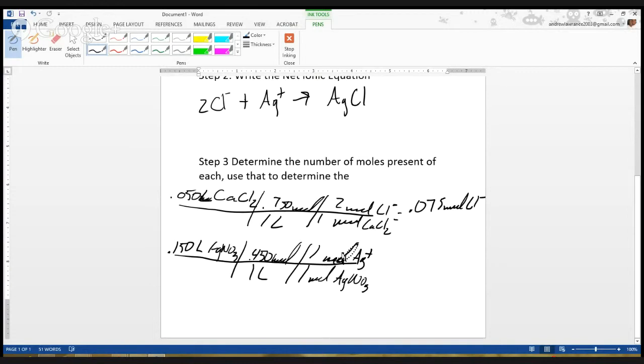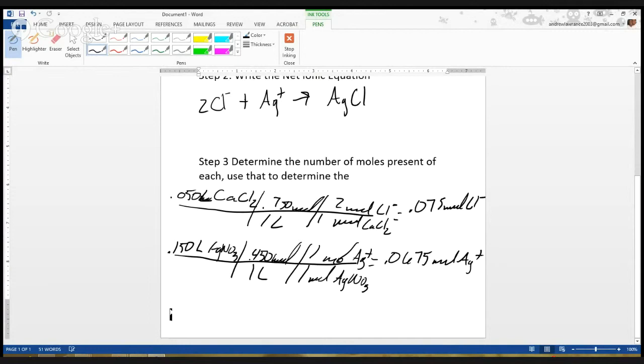There we go. Again, punching that in my calculator, 0.150 times 0.450, 0.0675 moles Ag plus. Now, with this, knowing that it's a 1-to-1 ratio to make my silver chloride, I know that silver is actually going to be my limiting reactant. So I'll begin my process there.